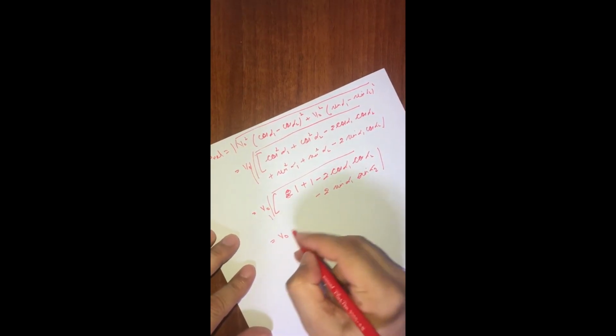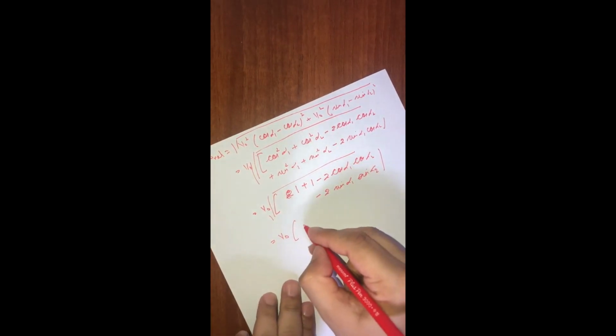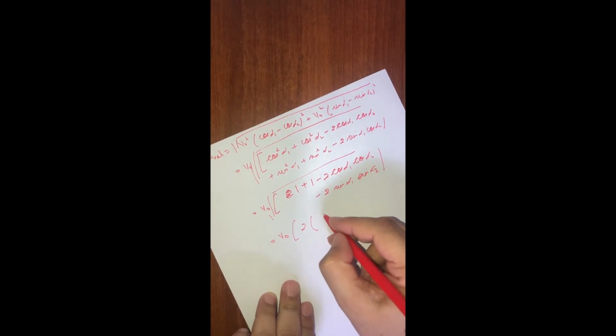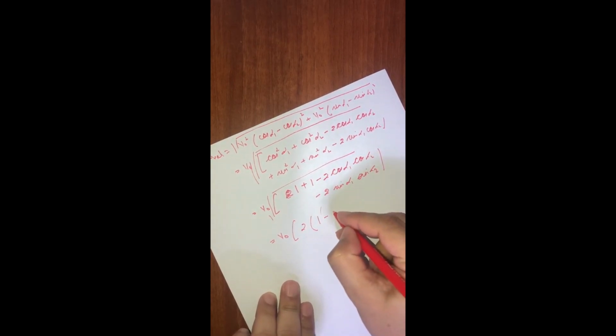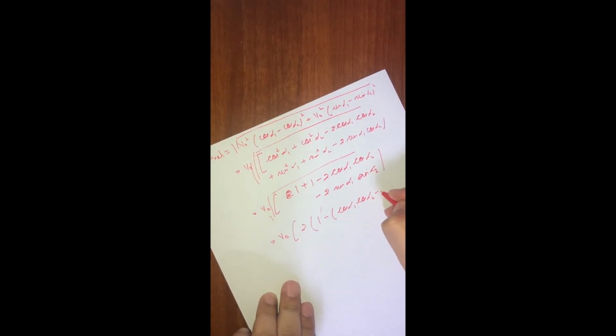So we can write this as V0 times the square root of 2, and taking 2 common, we are left with 1 minus cos alpha 1 cos alpha 2 minus sin alpha 1 sin alpha 2.